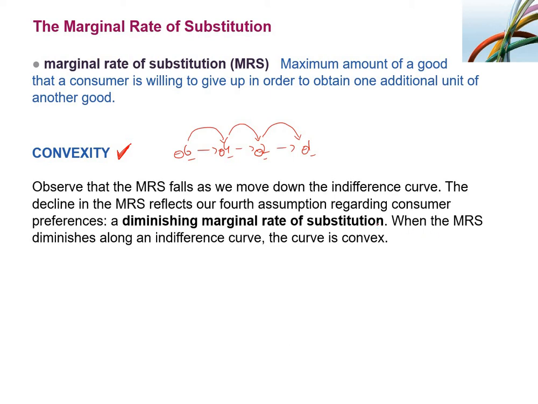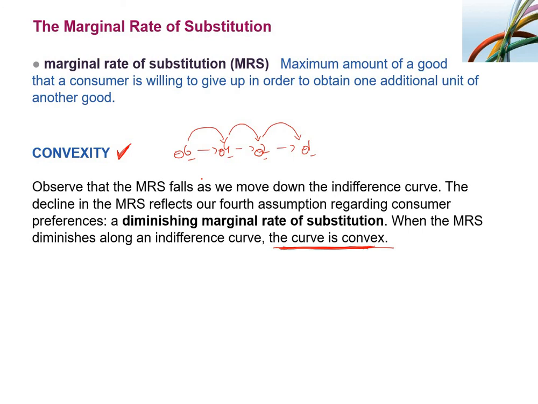When the marginal rate of substitution diminishes along an indifference curve, the curve is convex. ठीक है, जब भी ऐसे होगा that the slope is diminishing, or in this particular case the marginal rate of substitution is diminishing, then the indifference curve in this particular context will be convex.